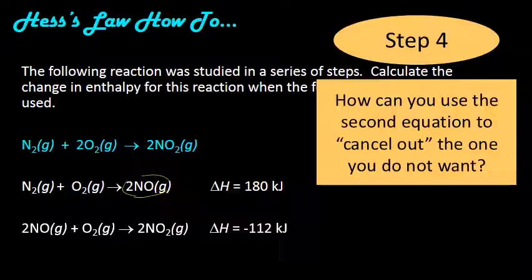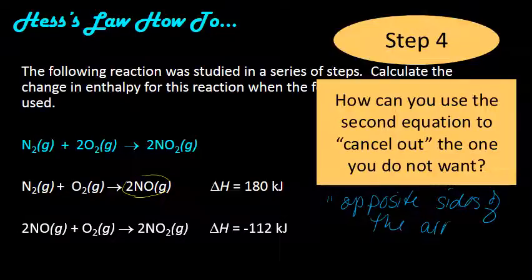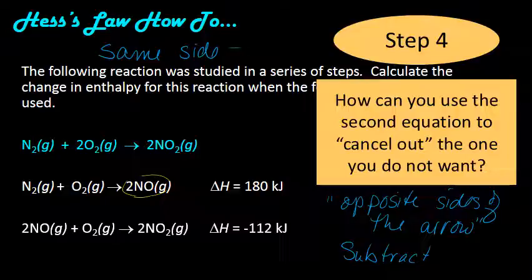One of the first things you need to know is if they are on opposite sides of the arrow, they subtract. And if they are on the same side of the arrow, you have to add.